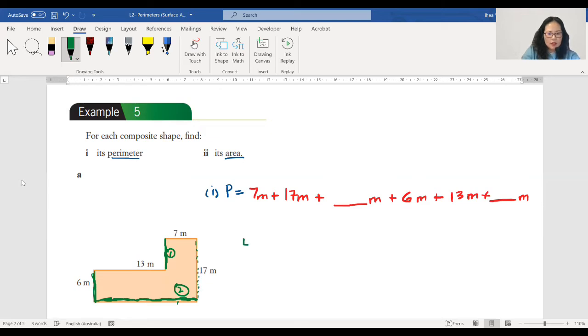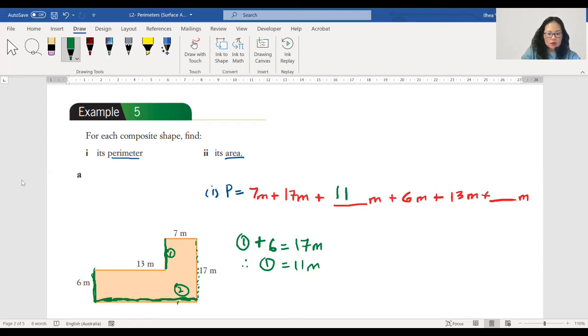So number 1 side plus 6 has to be equal to 17 meters. So therefore, my number 1 side is 11, isn't it? 6 plus what makes 17? 11. So I'm just going to put 11 here.